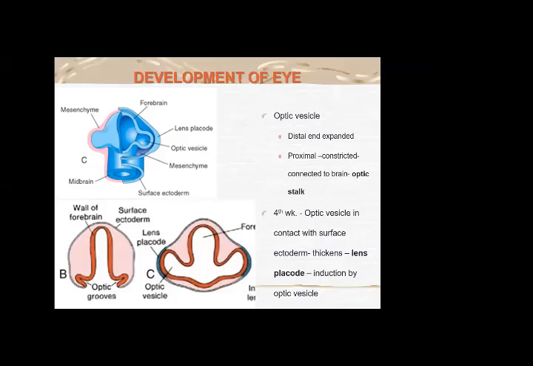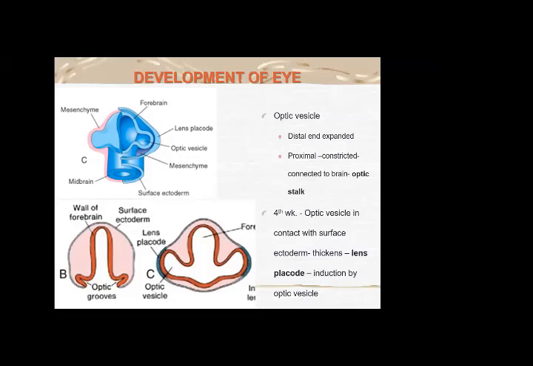Now, in the region where the optic vesicle comes in contact with the surface ectoderm, this area of the surface ectoderm gets thickened. This thickened area of surface ectoderm, which is overlying the optic vesicle, is called the lens placode.